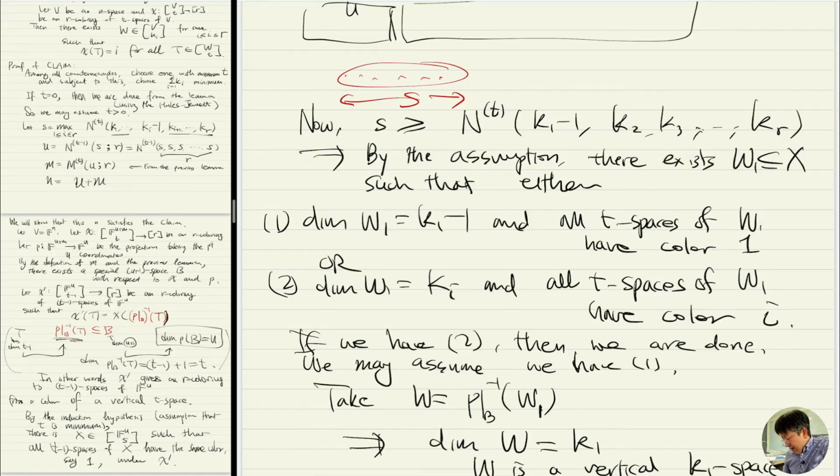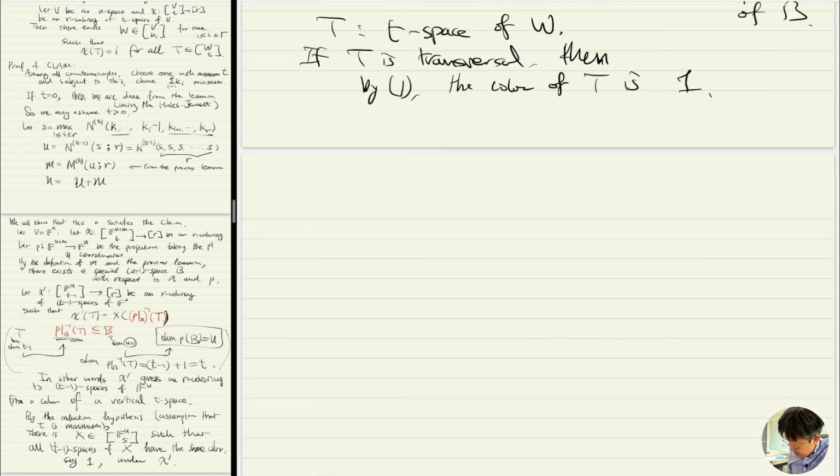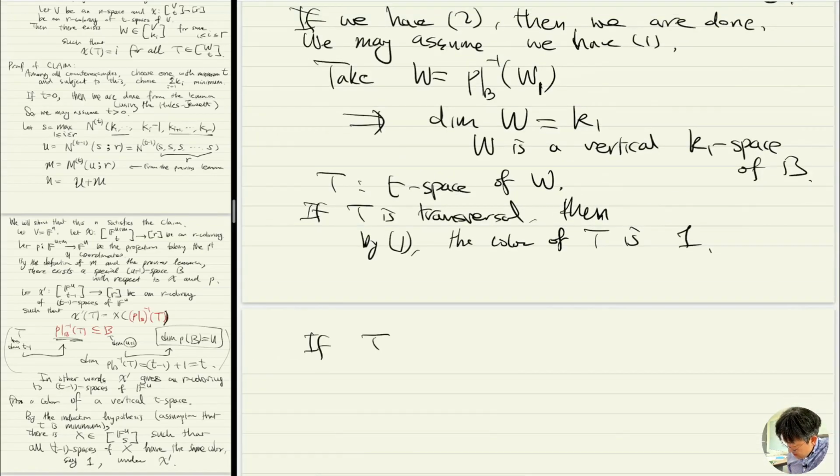So then by 1, the color of T is 1. If T is vertical, then it is a vertical t space.